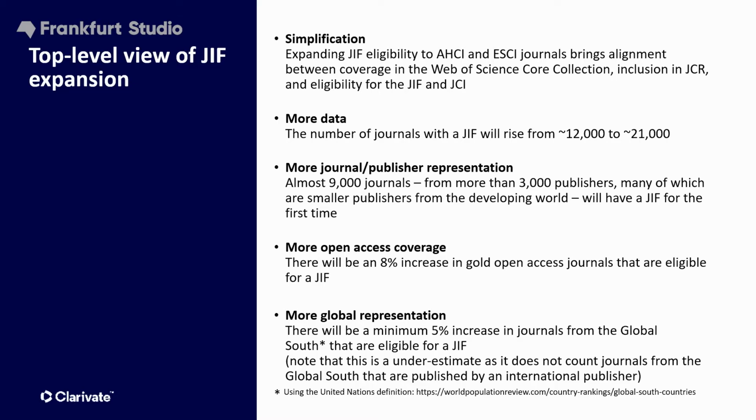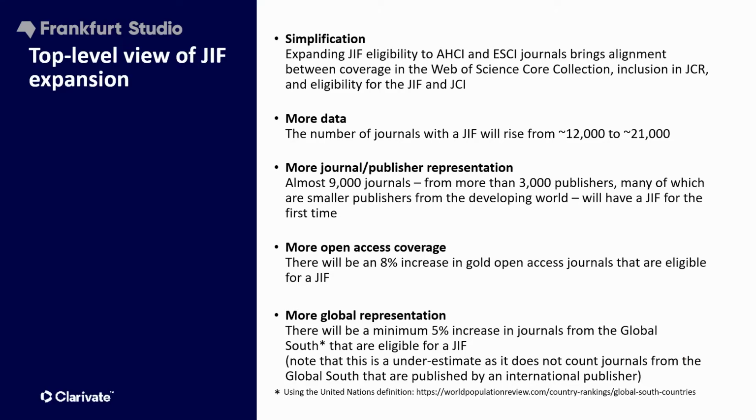There'll be around an 8% increase in OA coverage, and there'll be much more global representation. The figure here says a 5% increase in journals from the Global South. This is a massive underrepresentation because what we aren't counting, which we don't have the data to count, is journals that are based in the Global South but are published by international publishing houses.